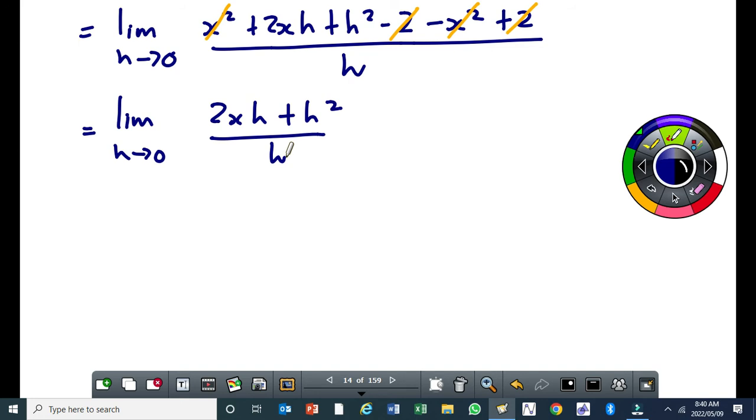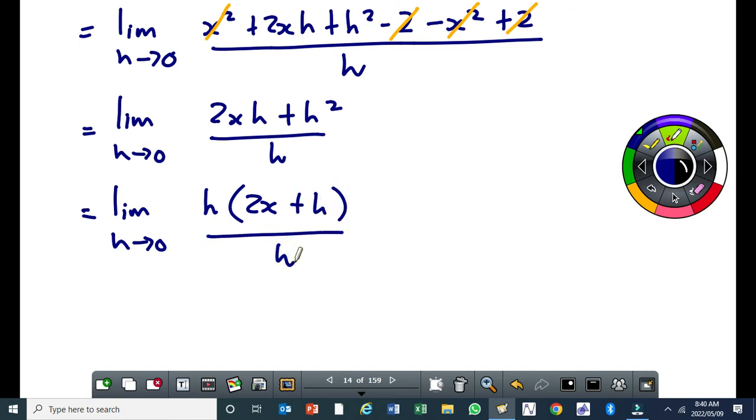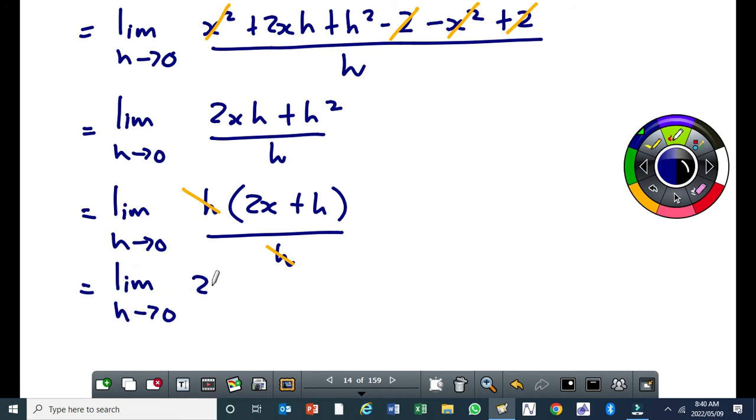Look at your numerator and factor out h. If you factor out h, you get h times 2x plus h all over h. Then you cancel out those two. Then this becomes the limit as h tends to 0 of 2x plus h.